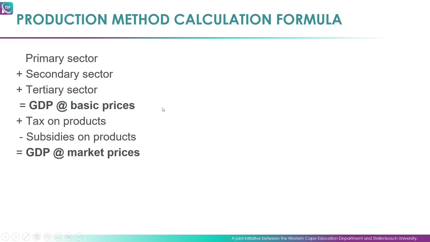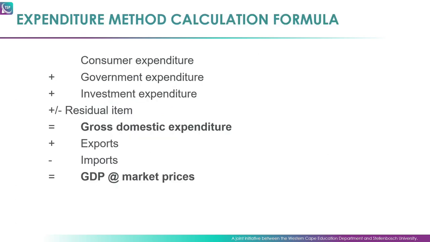So in order to balance the GDP at market price according to the expenditure method, and to make sure it is equal to the GDP at market prices for our income method and our production method, we have the residual item that makes up the difference. And as I said, that could be a positive or a negative.